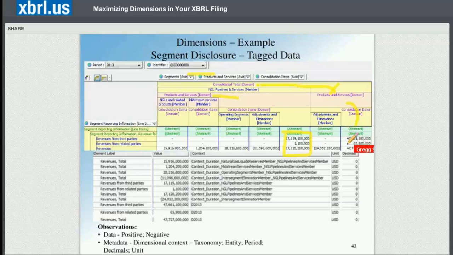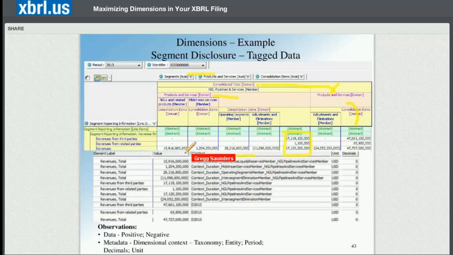The 65900 represents the related party sales or revenue on my income statement, and the 47727 is the total of all sales for the consolidated entity. Below, you can see in the context table I gave you the actual context being applied here.